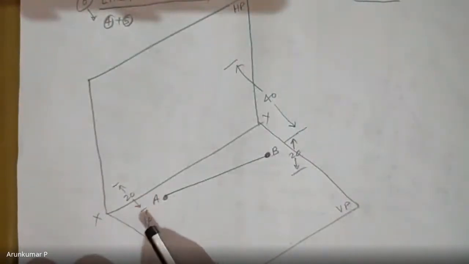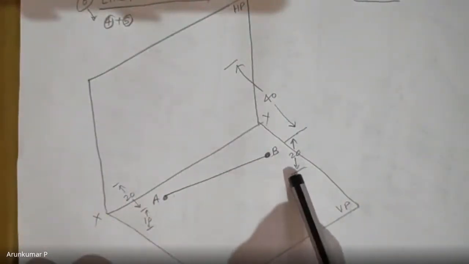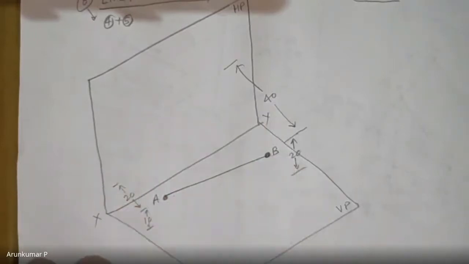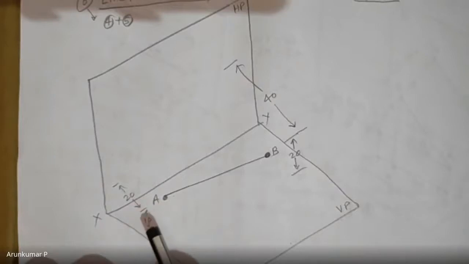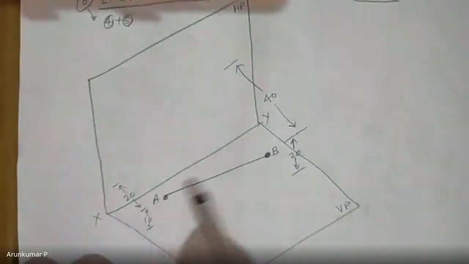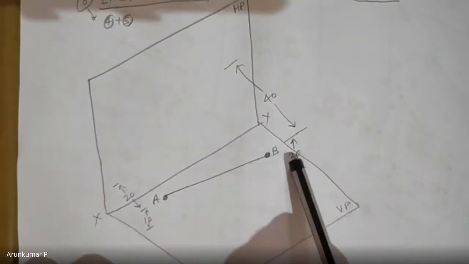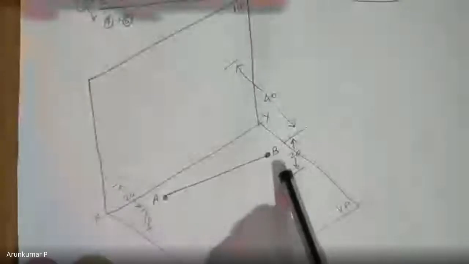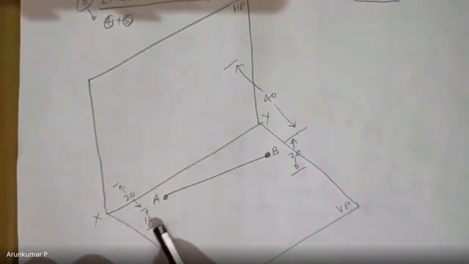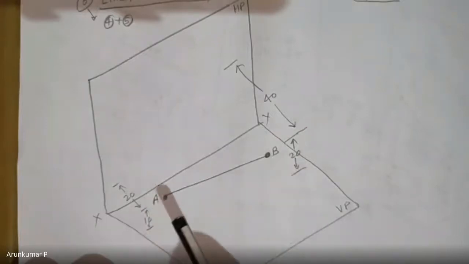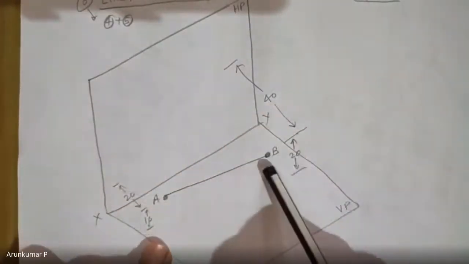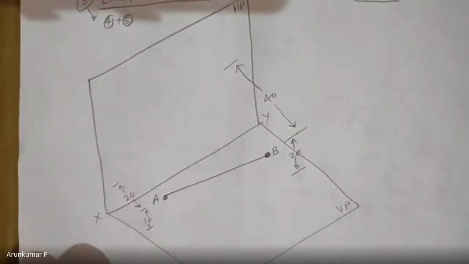No, sir. It is not parallel, because in the previous cases, end A and end B should be at the same distance. If this is 10 mm, this also should be 10 mm. Then only you can say that AB is parallel to HP. Here A is 10 mm above, B is 20 mm above. So there is a level difference between A and B. Definitely AB is not parallel to HP.